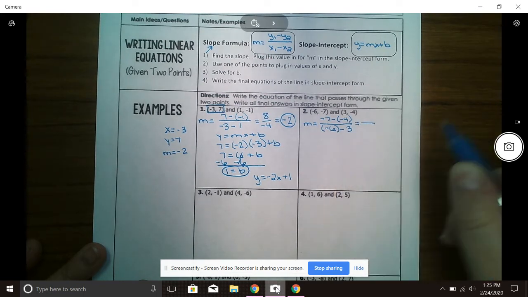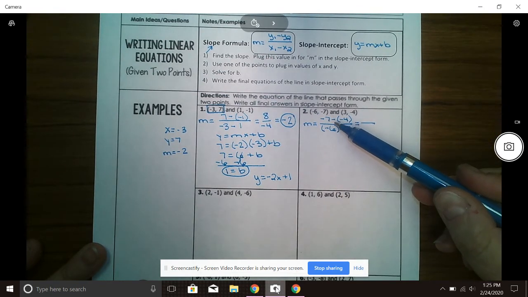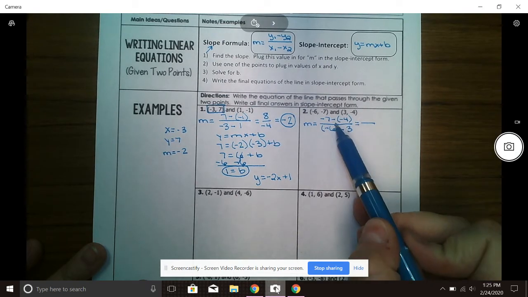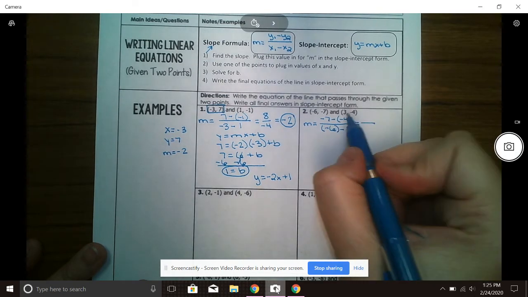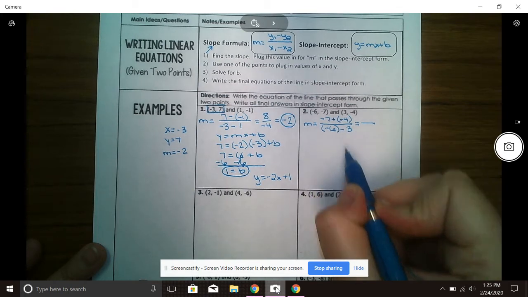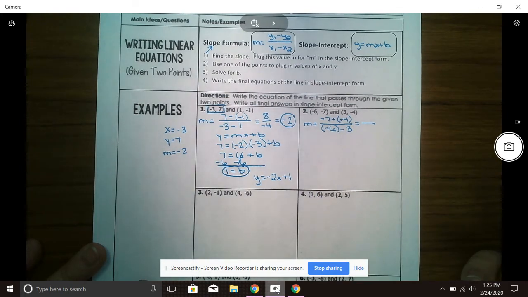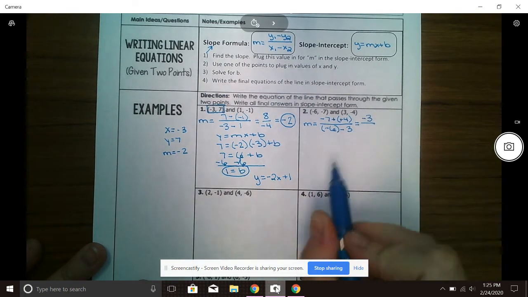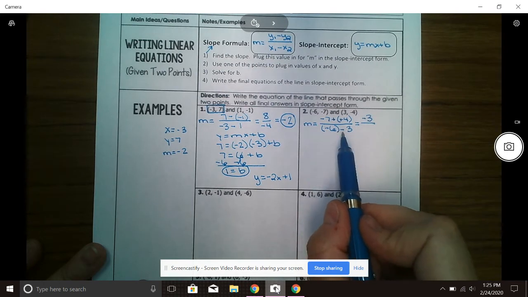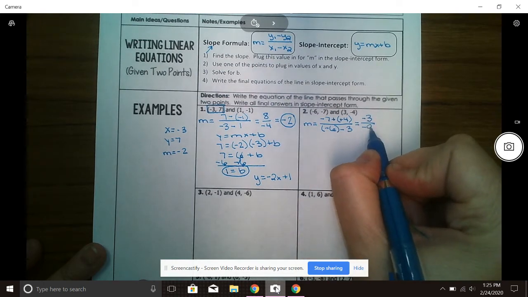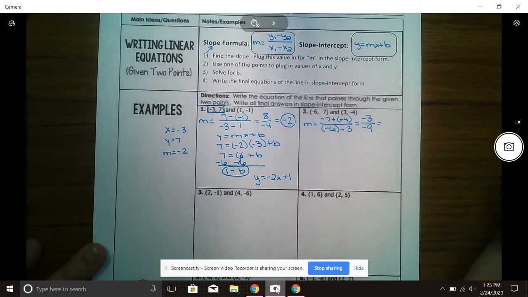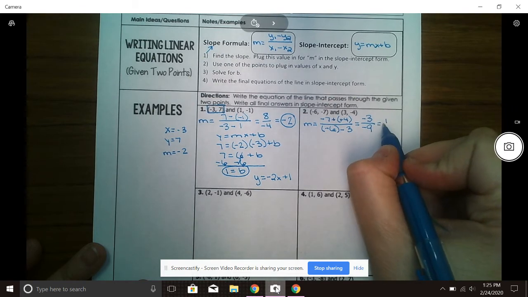Time for some arithmetic. Negative 7 minus negative 4. This double negative here in the middle, you could change to plus a positive. So you've got negative 7 plus 4, which is negative 3. And then negative 6 minus 3 is negative 9. Negative 3 over negative 9 reduces to 1/3.